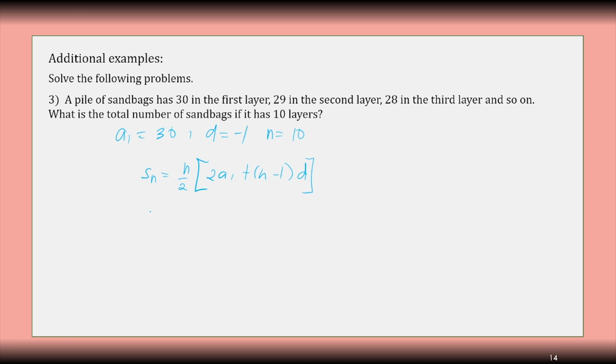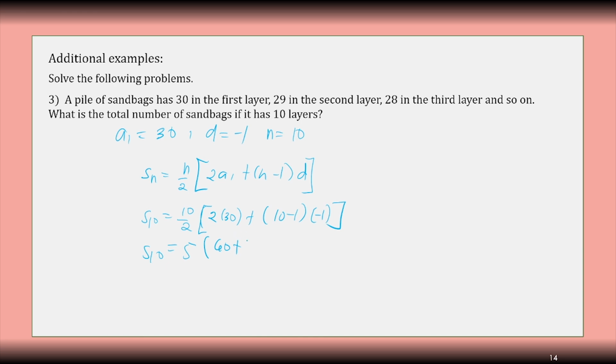So, S sub n natin is S sub 10 is equals to 10 over 2 times 2 times A sub 1 natin is 30 plus n natin is 10 minus 1 times the common difference is negative 1. So, S sub 10 is 5. Then, 2 times 30 is 60. Plus 10 minus 1 is 9.